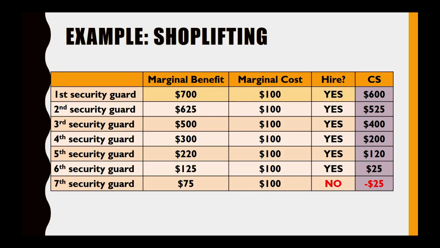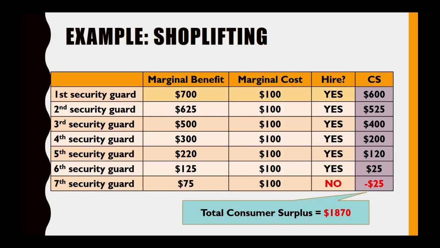Sure, it's rational to pay $1,200 to save $1,200 in theft. It's my break-even point. But what do we know when consumer surplus is negative? It's got to be irrational, right? So hiring the 7th guard is not rational because it generates negative consumer surplus. It makes us worse off by $25. You with me? All right.